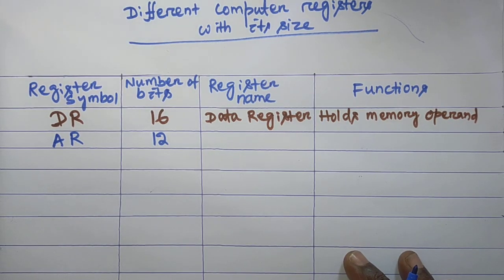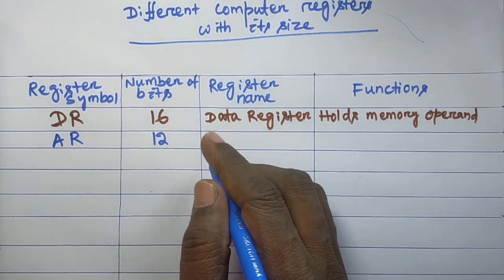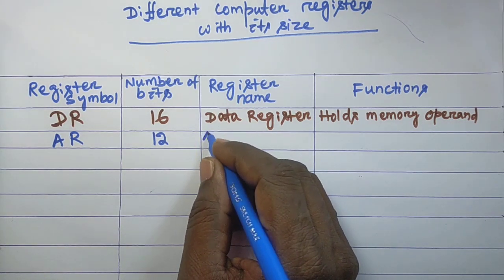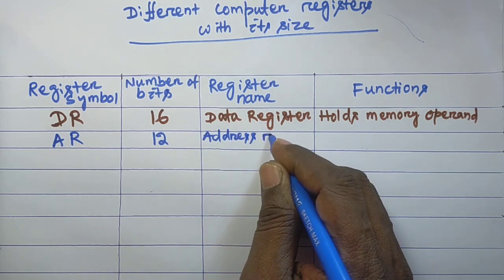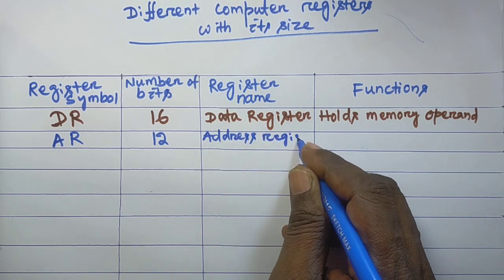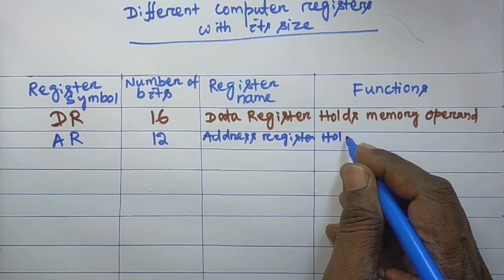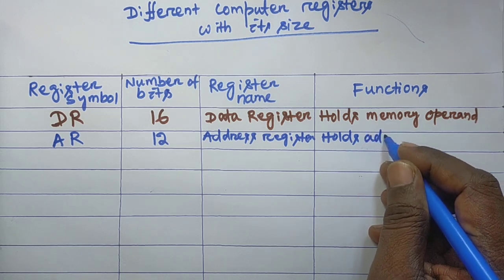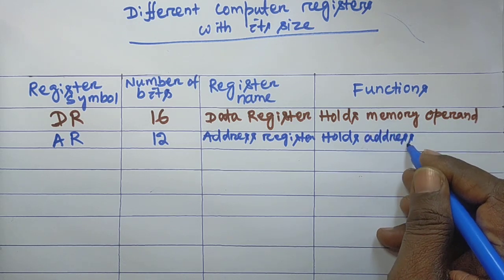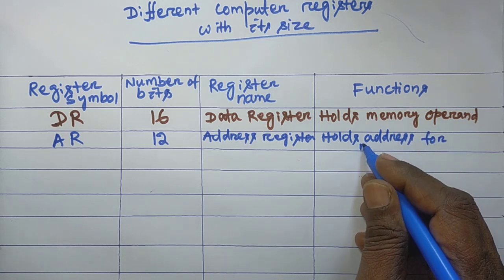So the address register contains 12 bits, and its name is address register. It holds the address for memory.